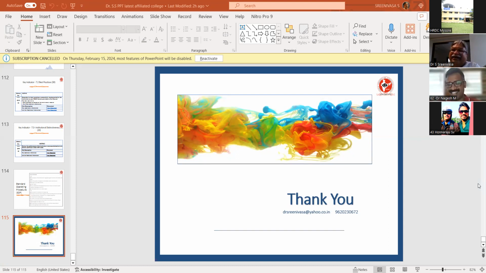The balance is not straight. This is one of the reasons institutions do not have much research productivity, which badly impacts the assessment when it comes to NAAC, sir.